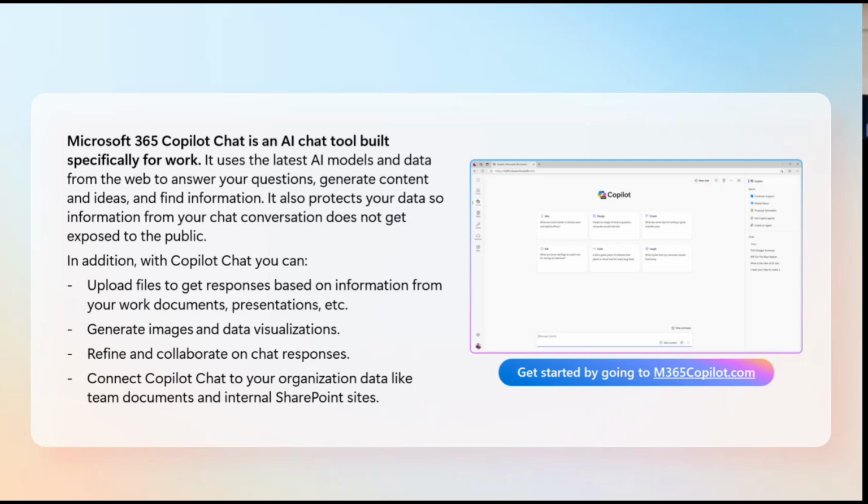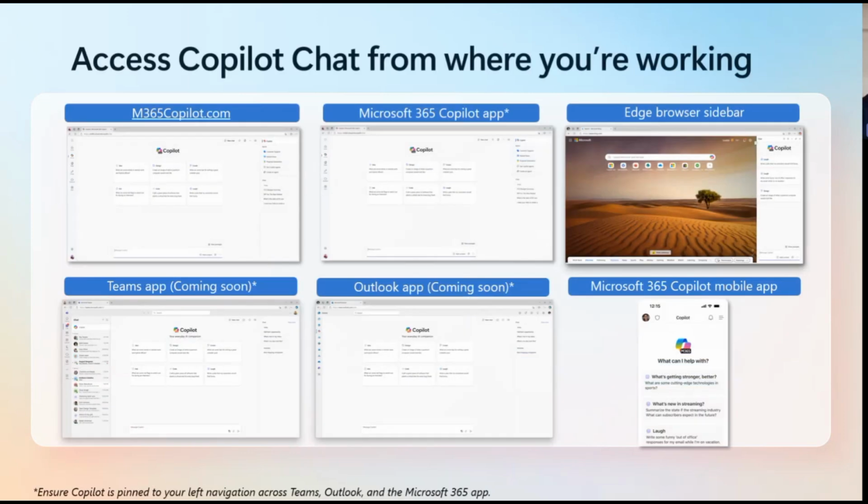Okay, so to make use of Copilot chat, you would have to access it through any of these means. You could go to m365copilot.com on your browser, and it takes you to Copilot chat.